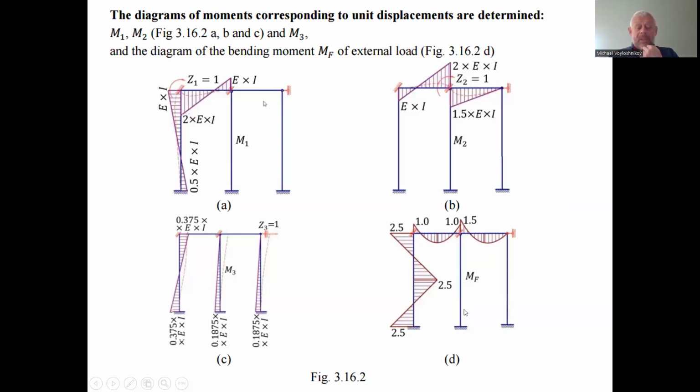Besides, for the 2-element mechanical system, in between the 2 extra supports under the action of the external load, we have the parabolic shape of the bending moment diagram determined on the stretched fibers. So you have the application of the distributed load downwards, so the stretched fibers are below here, and we have this shape of the diagram.